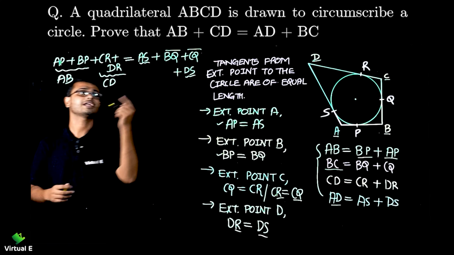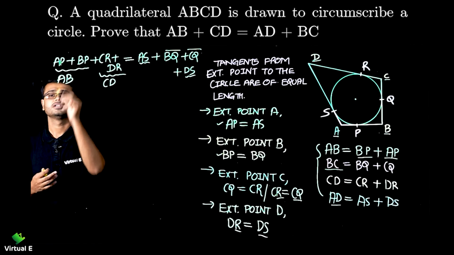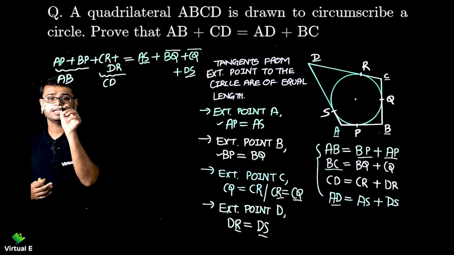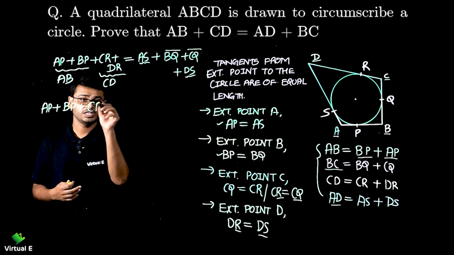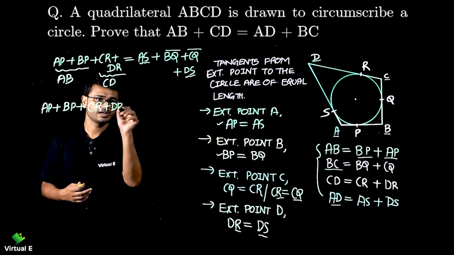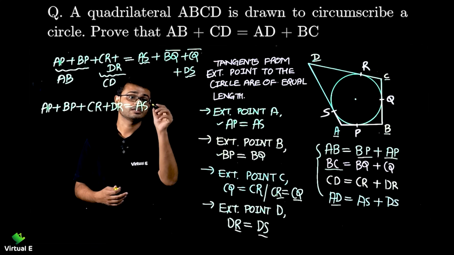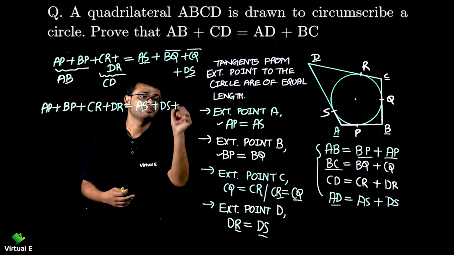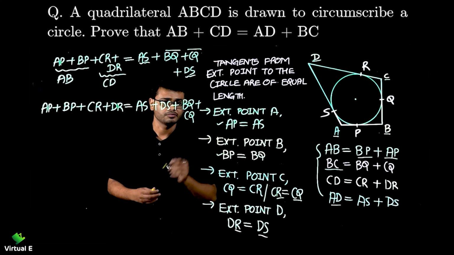So let's first of all write as it is after arrangement, then we'll finally write it because our sum is almost done. So here AP as it is plus BP plus CR plus DR is equal to AS. Shift this DS with that. DS plus BQ plus CQ. Done.